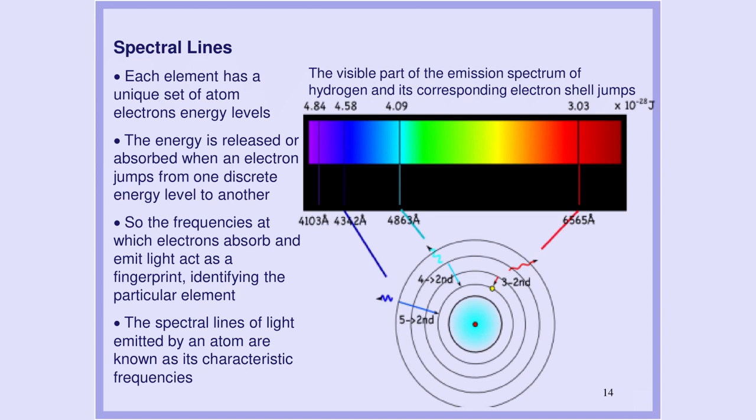The spectral lines of light emitted by an atom are known as its characteristic frequencies. The allowed energy states of some substances, atoms, make these atoms capable of radiating electromagnetic waves with unique characteristics. These are used as laser media.